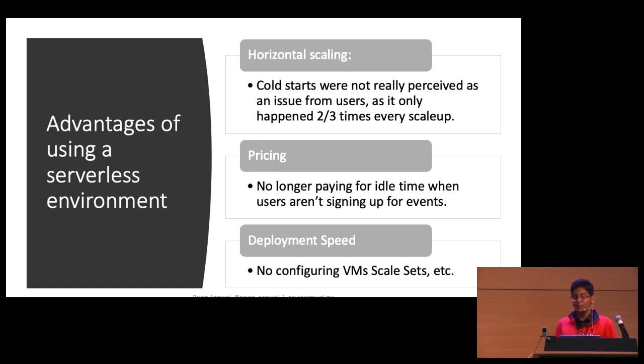And we also had really good cost savings. We were no longer paying for the idle time of the application when users aren't signing up for events and people aren't going on the website. So in total, after deploying this serverless website, the total bill we had to AWS was 10 cents or something. It was really small. And also, the amount of time we spent writing code, figuring out deployment strategies, configuring VMs was so little because it was just one command from the terminal.